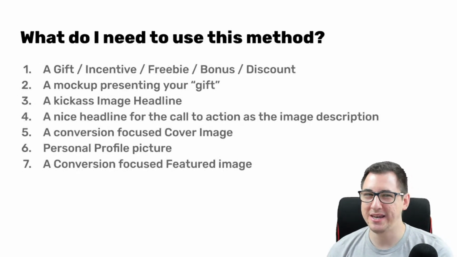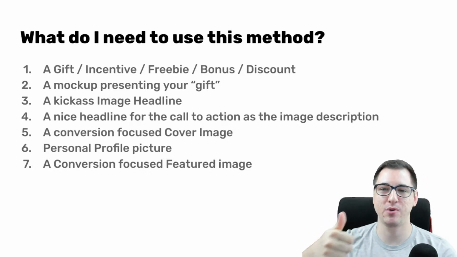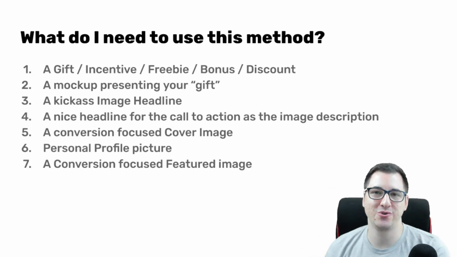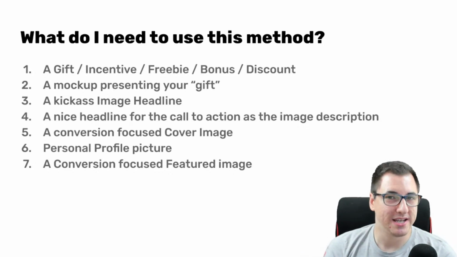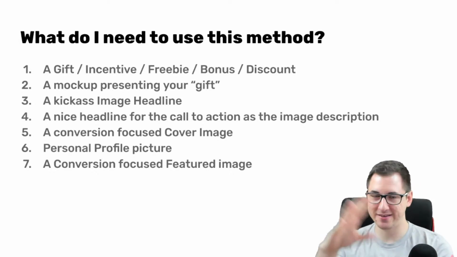So what do we need for this method? You need a gift or an incentive or a freebie, bonus or discount, something that you give to the people, and basically you encourage them to sign up because then they will get something in return. That's something that we already did in a previous module of this affiliate marketing challenge.